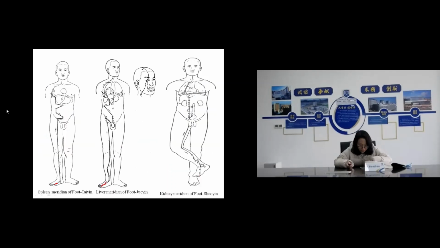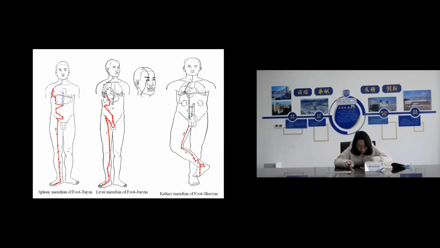Here's a picture of the 3 yin meridians of the foot. The first one is the spleen meridian of foot, Tai Yin, from the big toe of the foot, then to the chest, in the anterior aspect of the body.